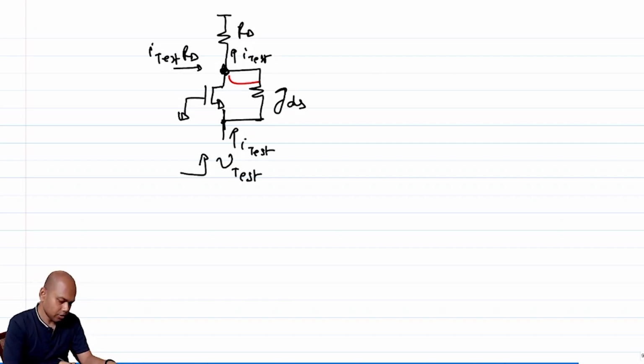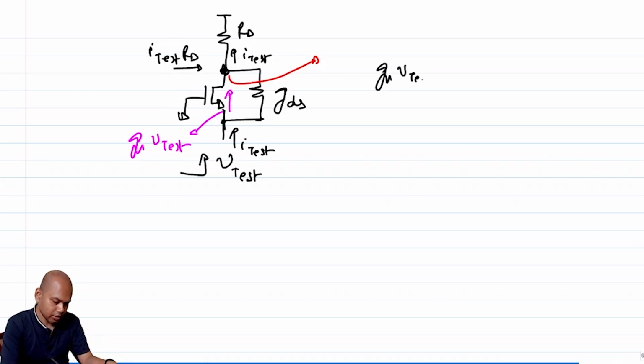So if I do a KCL at this node, what do I get? I know that the current going through the transistor is Gm times V test, right? So Gm times V test plus the current through the GDS.